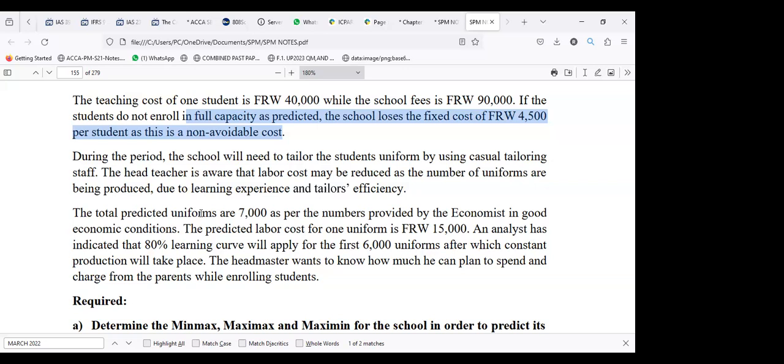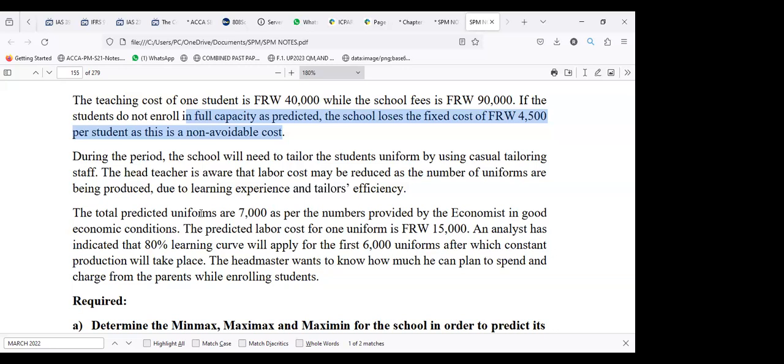Now, the predicted labor cost for one uniform is 15,000 francs. And an analyst has indicated that an 80% learning curve will apply for the first 6,000, after which constant production will take place.